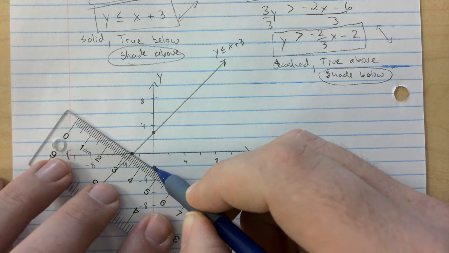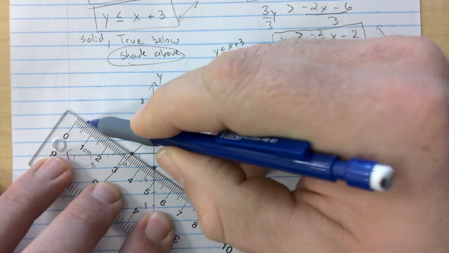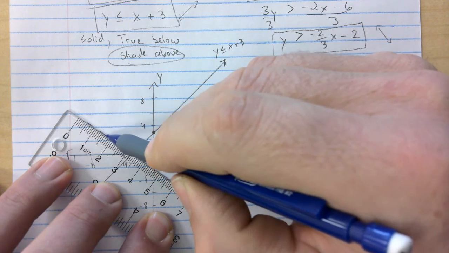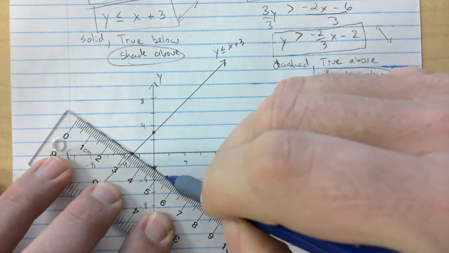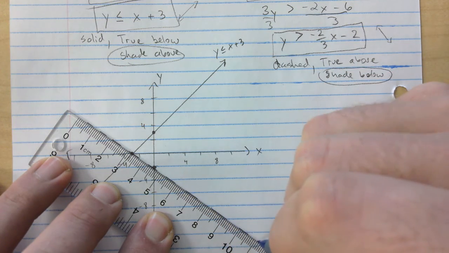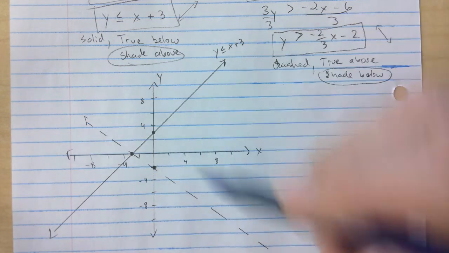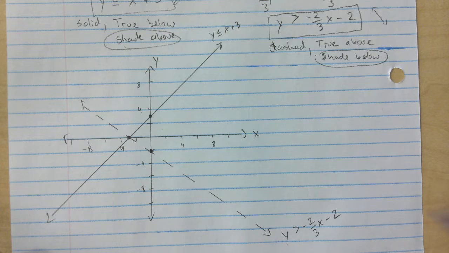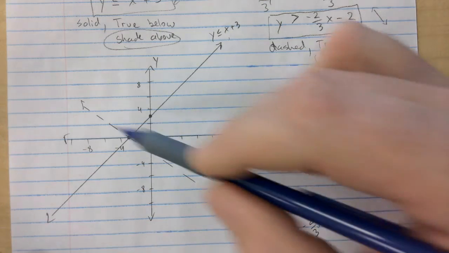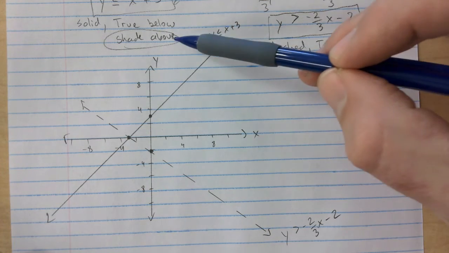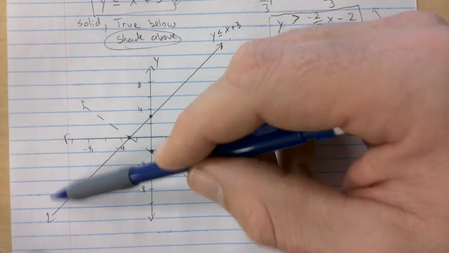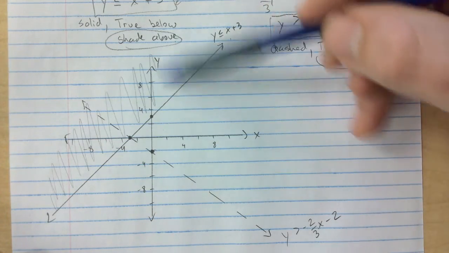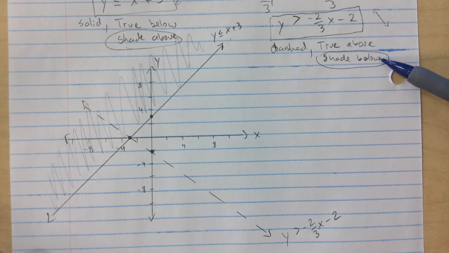So we cross there and it's dashed. Don't be scared to extend your lines, okay? So label, solid, dashed. Now I'm going to do the shading. Shade above the solid. Shade below the dashed line.